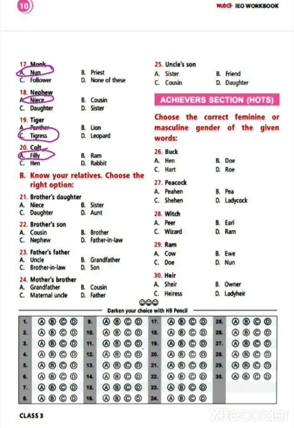Part B, know your relatives, choose the right options. So how well you know your family tree, that is going to be tested over here. Question number 21, brother's daughter. You need to know what your brother's daughter is called, and then look for that answer in the four options, and accordingly choose it and mark it in the OMR.